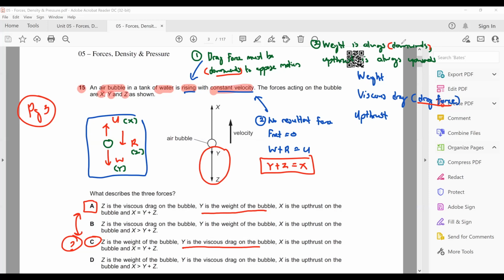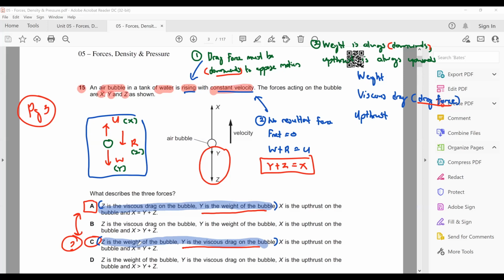The only thing that is really different about this statement here is this one, right? The only difference between A and C is basically this one. Here they say Z is the viscous drag, Y is the weight of the bubble, whereas C is saying Z is the weight of the bubble and Y is the viscous drag on the bubble.